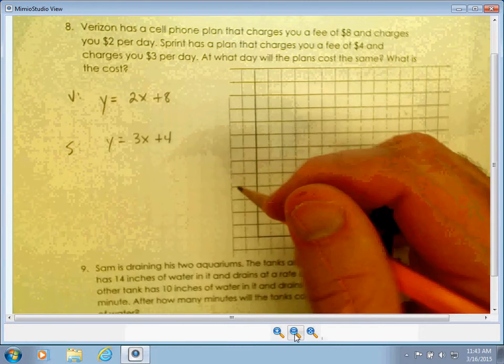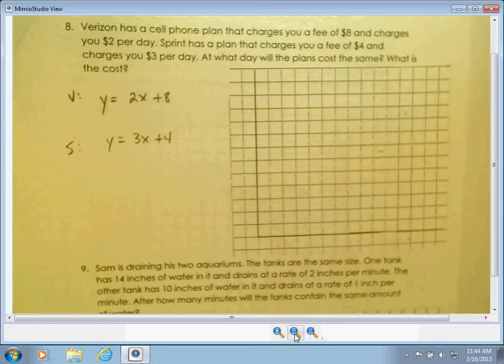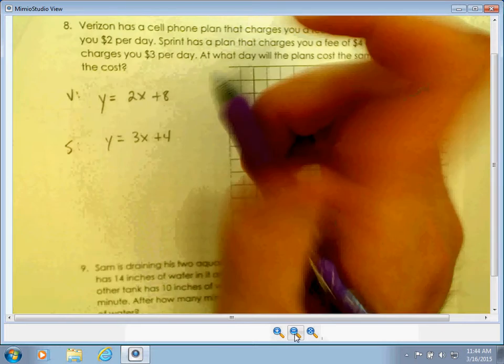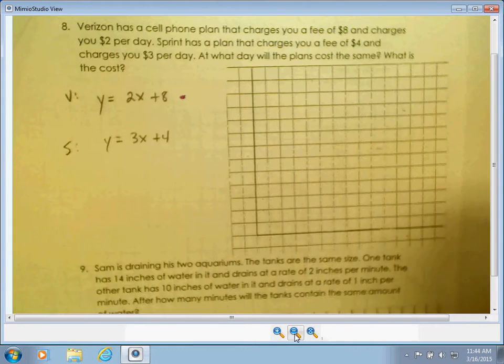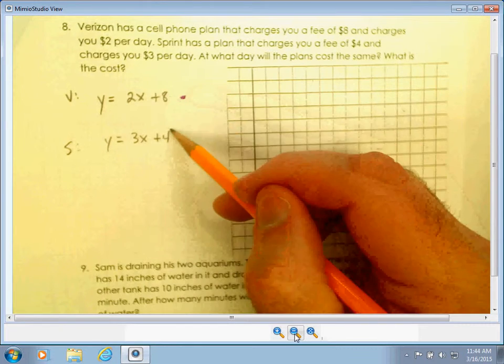So if we go to graph these graphs, I'm going to graph the Verizon one in purple so you can see how we'll do that. But first I want to label the graph. I think in this case I see these numbers of 8 and 4.